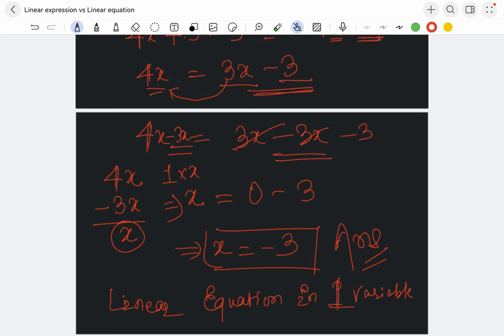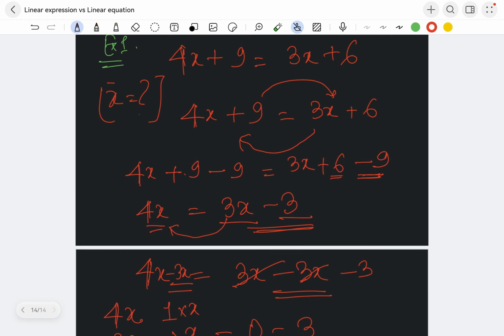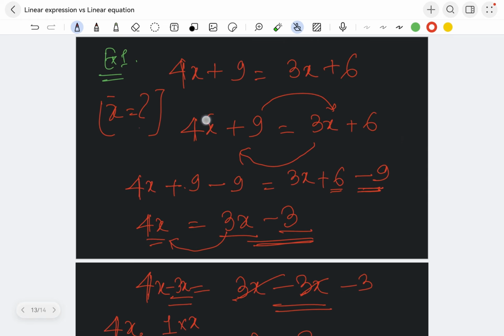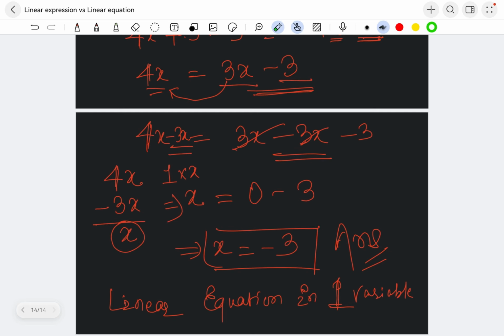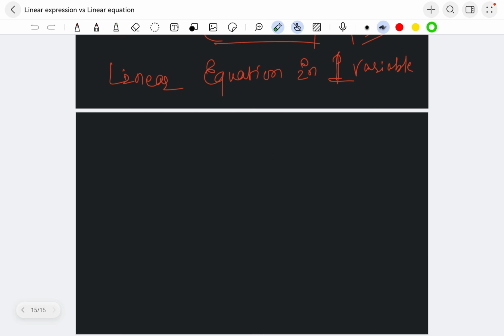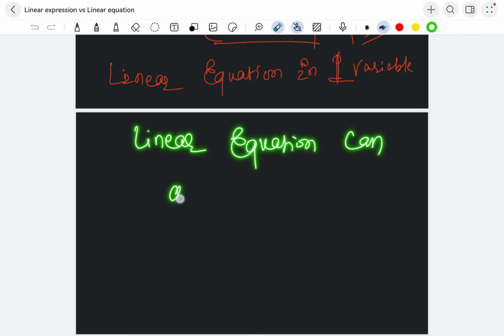That means there was only one variable involved in this whole equation, and the variable was x. There was no other variable. In the next video, we will understand that a linear equation can also involve two variables.